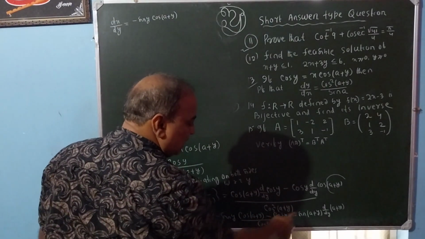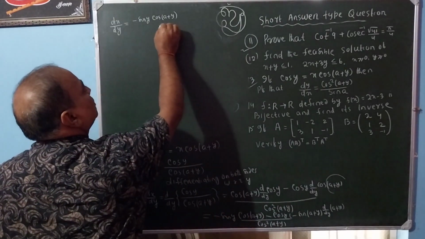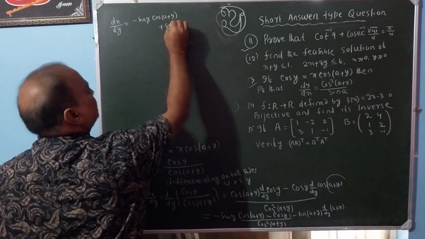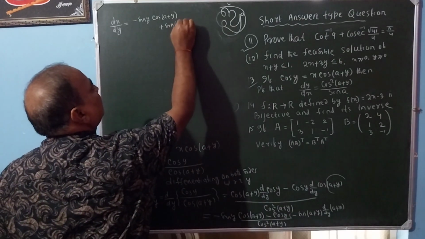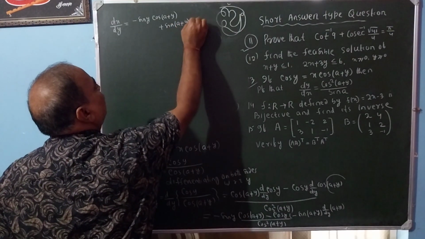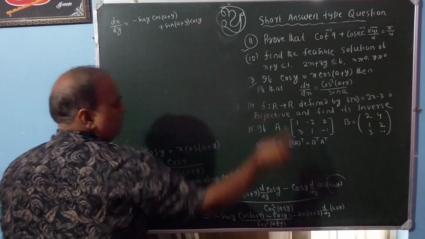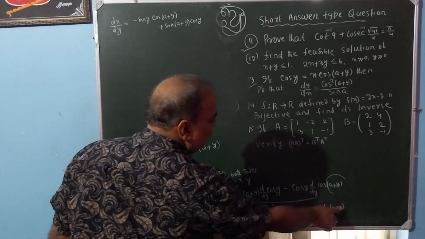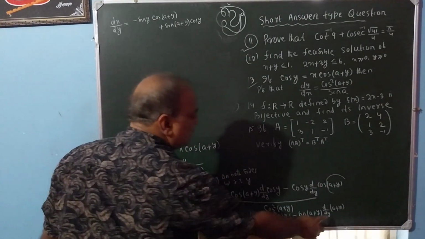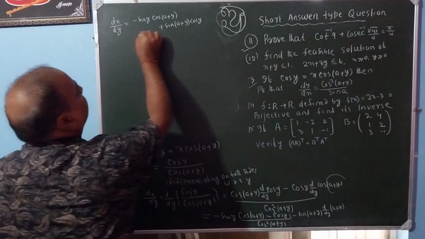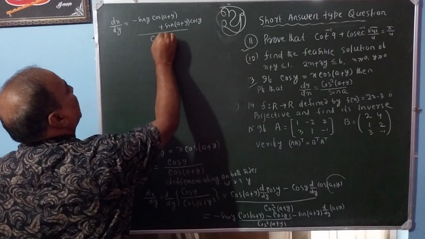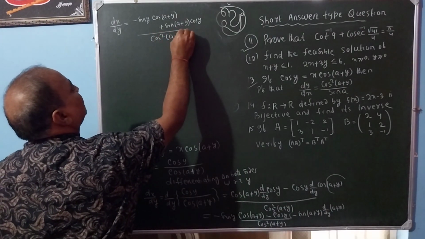Here it is minus minus plus sin(a plus y) into cos y. Here the derivative of a constant is 0, and the derivative of y with respect to y is 1, divided by cos square (a plus y).